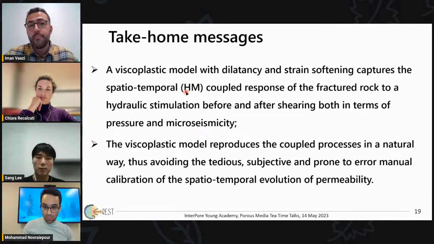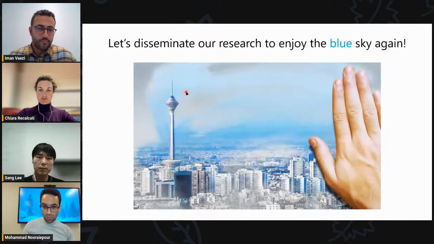It can predict the timestamps of microseismicity, which is concomitant to plasticity. And last but not least, it frees the modeler of the burden of dealing with the tedious manual calibration of the permeability. So let's disseminate our research to enjoy the blue sky again.